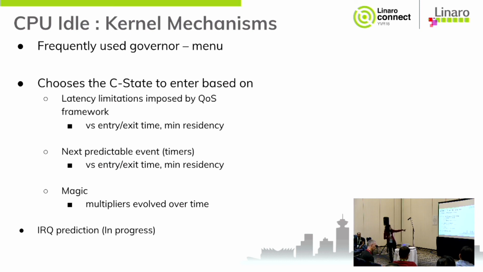And then of late there is this IRQ prediction, which is an attempt to predict, instead of just the next timer activity, also the next interrupt activity, IO interrupt activity. That's quite a recent development.